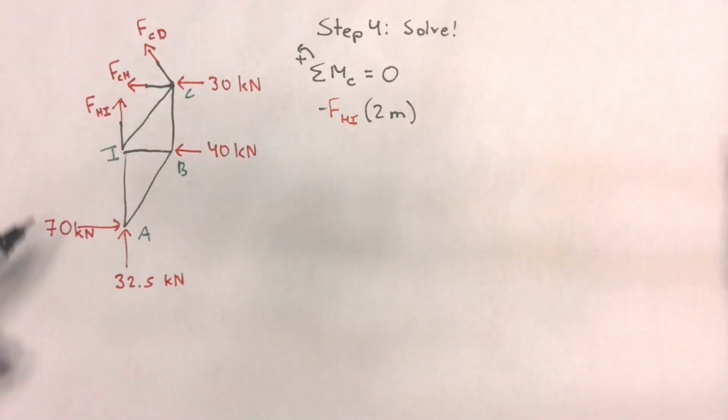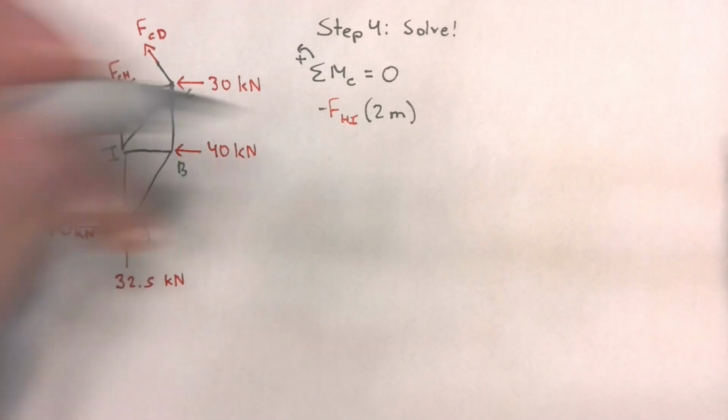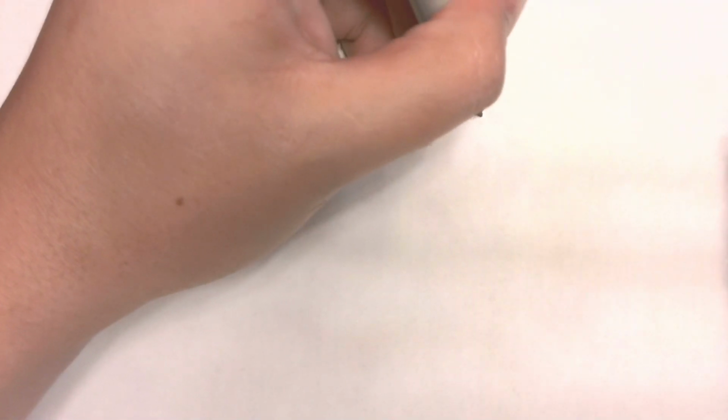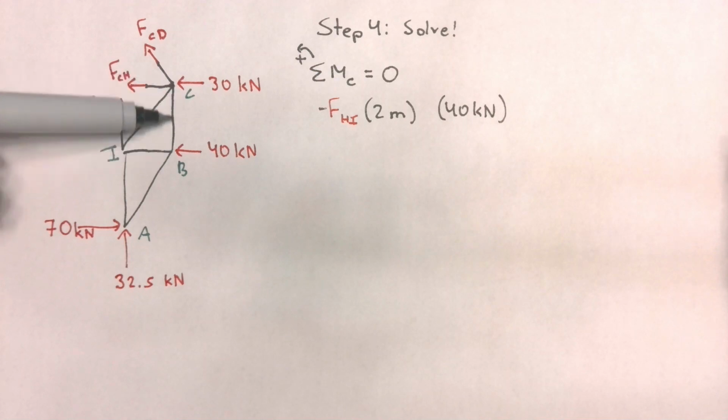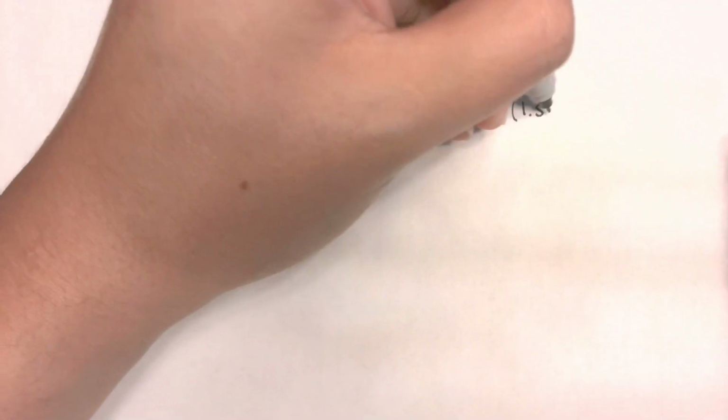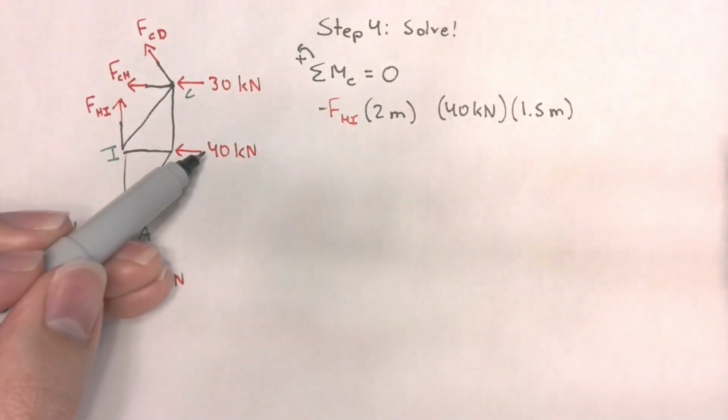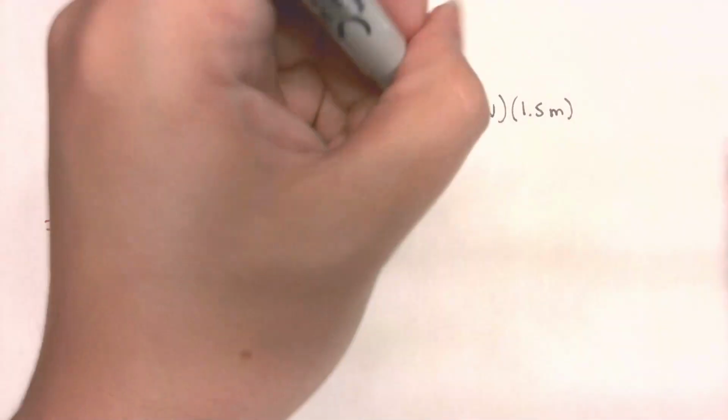Then I look at all my other known forces. I got 40 kilonewtons at a distance of 1.5 meters from my point C, causing a clockwise rotation, so negative.